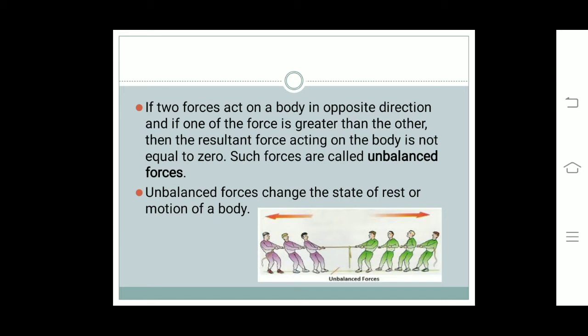For example, we all must have played tug of war once in a lifetime. In this game, the whole concept is of unbalanced forces. The force of one team is greater and the other team is lesser, and as a result, the team with greater force could win.